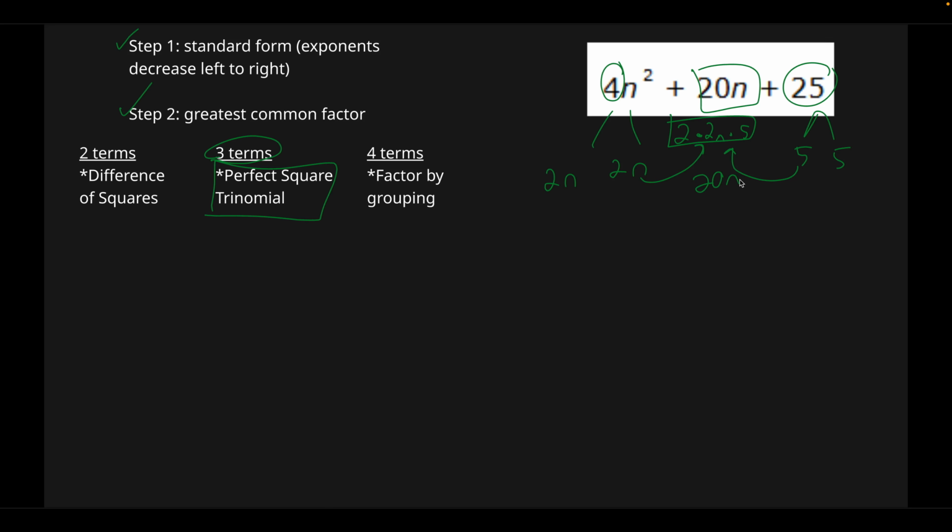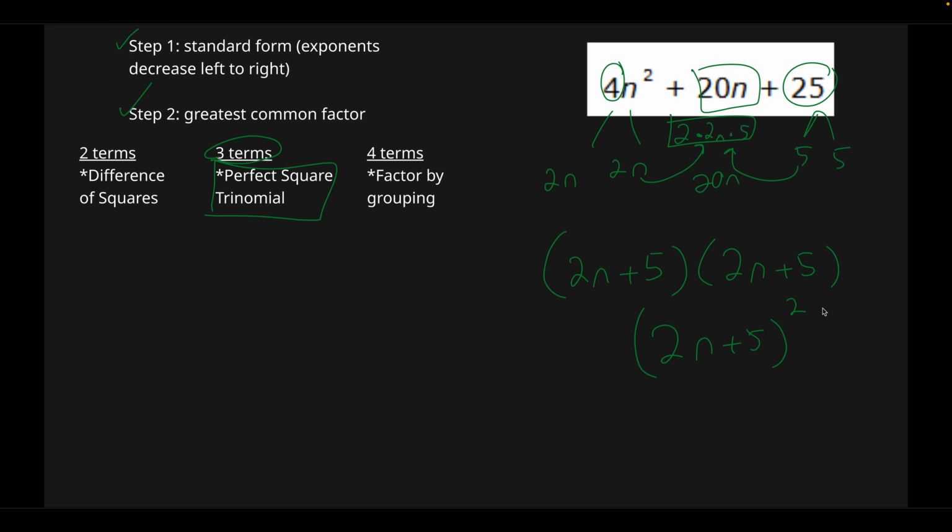If it's a perfect square trinomial, we can always follow this formula. It will break down into 2n plus 5 and 2n plus 5, which can be rewritten an easier way, 2n plus 5 squared.